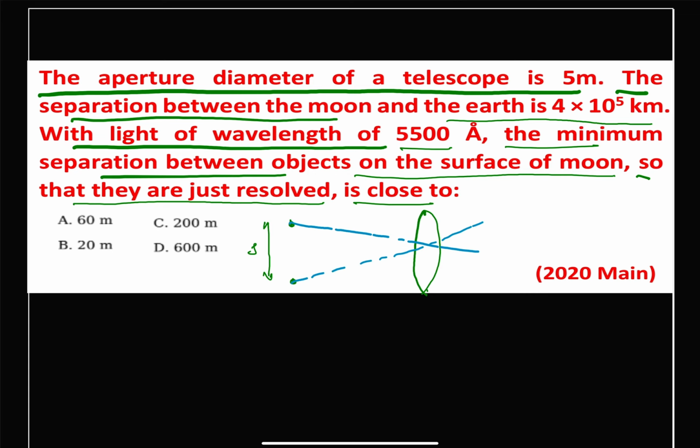And D is this portion, and this is given as theta, and this will be small d. And we know that theta will be equal to s upon small d.